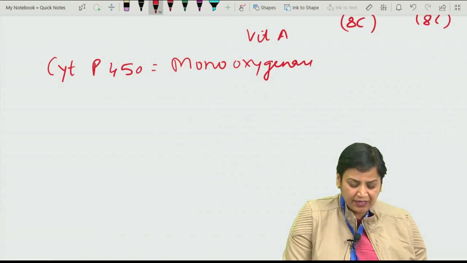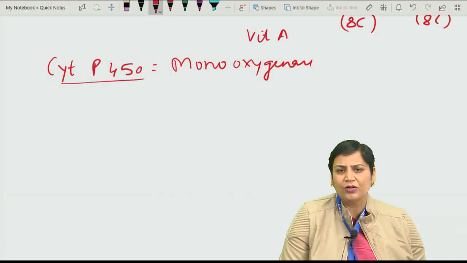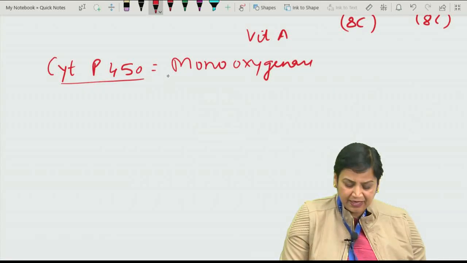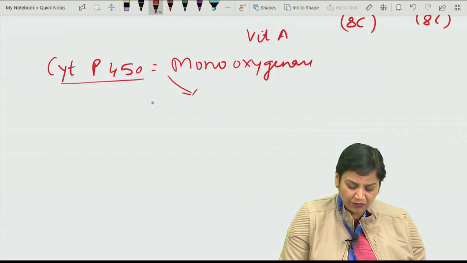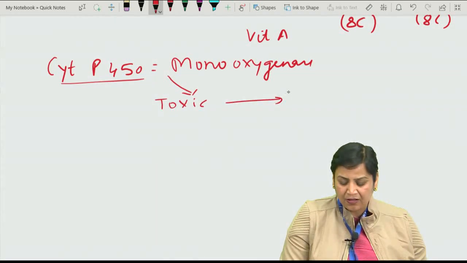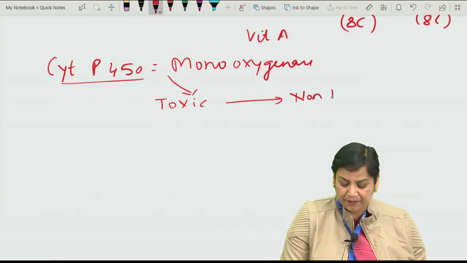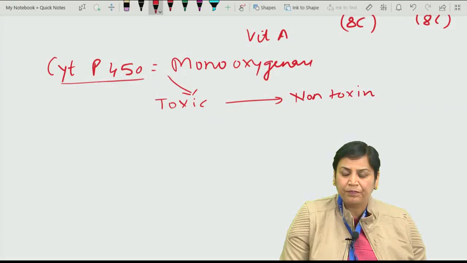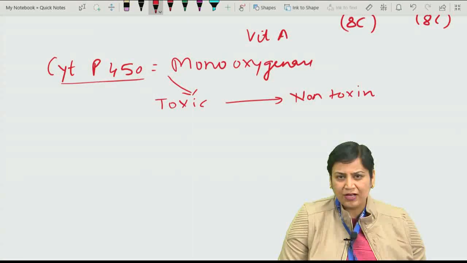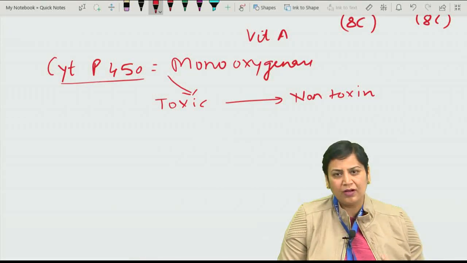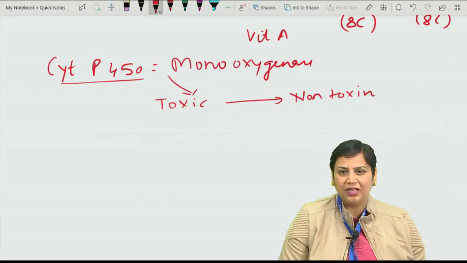Cytochrome P450 is a very important detoxifying agent. It helps in the conversion of toxic substances into non-toxic ones, whether they are drugs or other foreign chemicals entering our body.